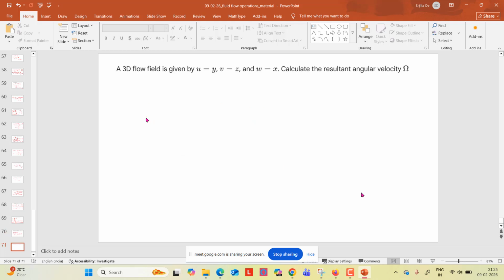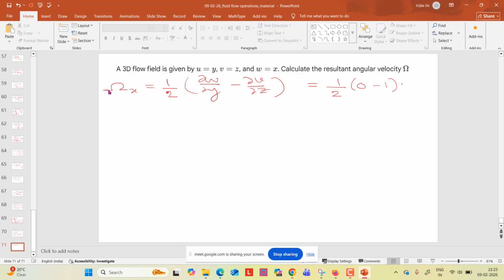Next, a 3D flow field is given by this. Calculate the resultant angular velocity. So omega x is half of del w del y minus del v del z, equals half into del w del y is 0, del v del z is 1.